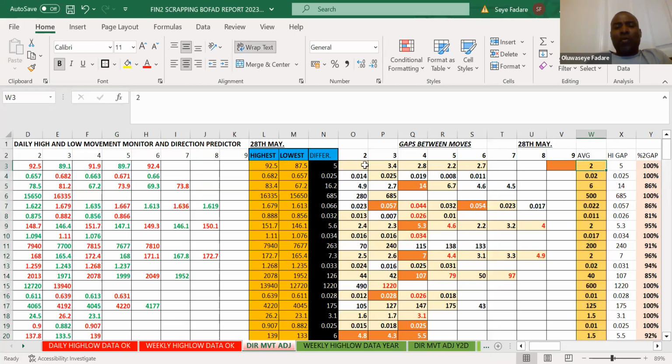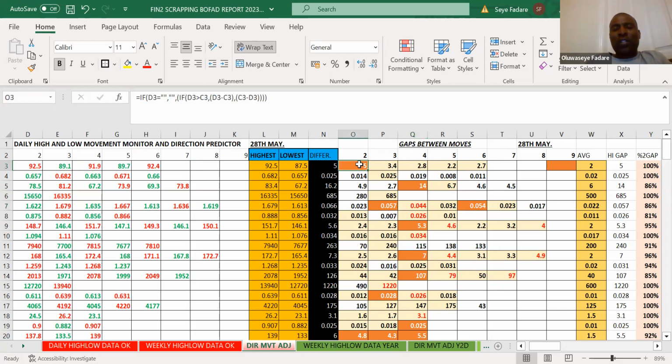Anyone I color in red means that it is twice the normal move, the average move. Anyone I colored in orange like this is just the normal move, and anyone that has the color red on the yellow background or on the orange background is twice the normal move.